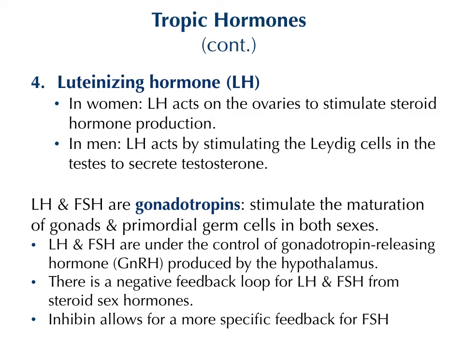In both sexes, luteinizing hormone, or LH, stimulates secretion of sex steroids from the gonads. In the testes, LH binds to receptors on the Leydig cells, stimulating synthesis and secretion of testosterone.